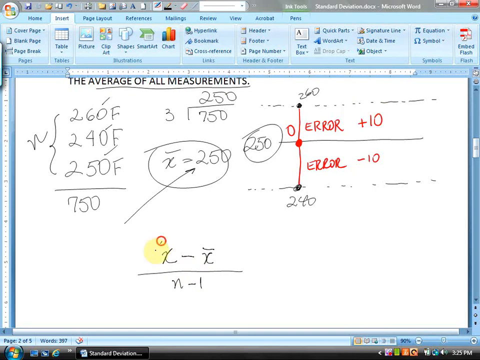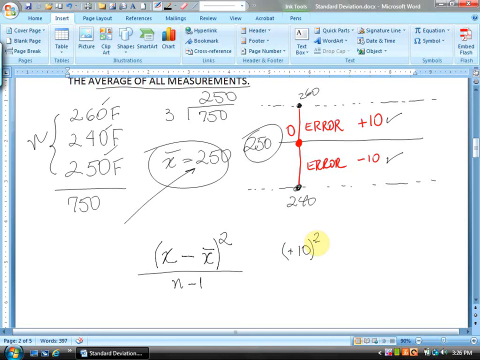So what we want to do here, we want to take this difference. We found plus 10, but we cannot just add to this difference because they cancel out. So to avoid the canceling out, we're going to square. So now the situation we have is this. We have that 10 but we square it.